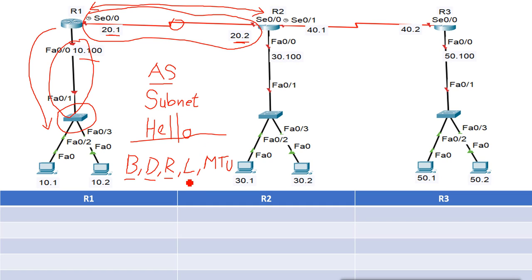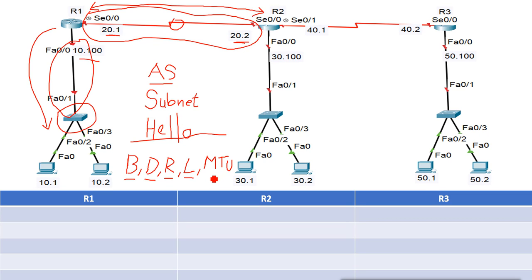Then it can check the load also. Load means it can check which link has more load, and where I can put more load. If it has multiple links to reach a particular network, it first checks on which link I can put more load.